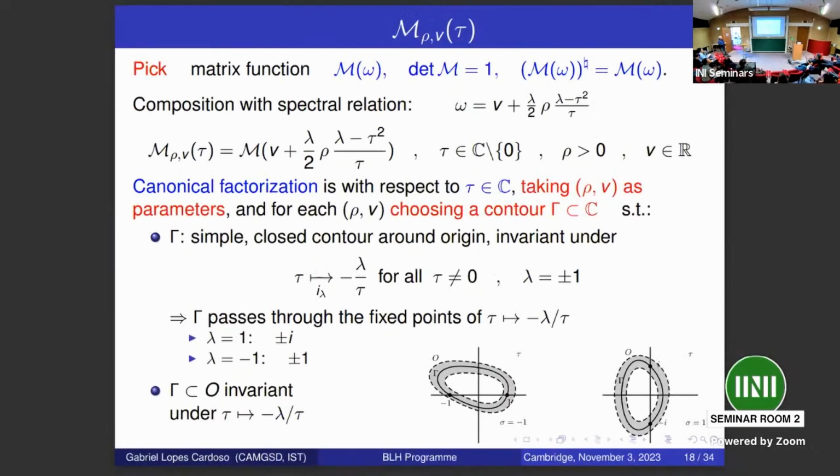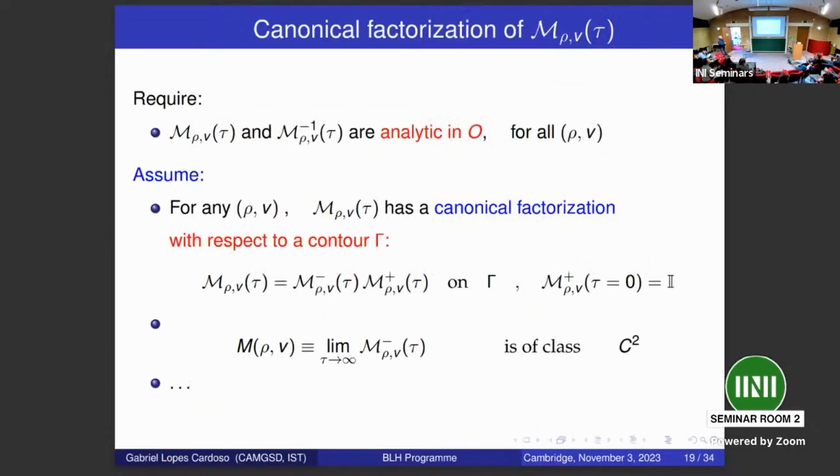We'll take this matrix M to be analytic in this region O, and we'll also demand its inverse be analytic in the region O. We'll now assume that it has a canonical factorization with respect to the chosen contour.